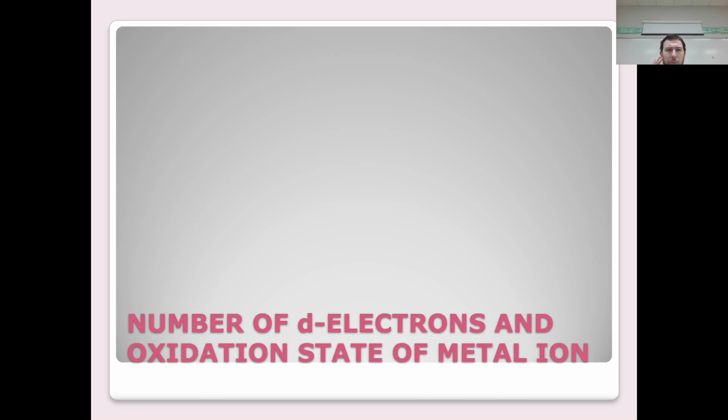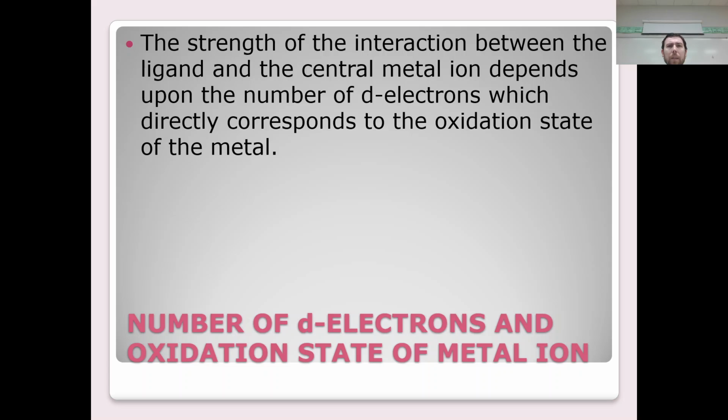And I believe our last point is looking at the number of d-electrons and the oxidation state of the metal ion and how that's going to influence our splitting and the energy of light that can be absorbed and therefore transmitted. Right, so the strength of the interaction between our ligand and the central metal ion depends upon the number of d-electrons, which will then directly correspond to the oxidation state of the metal, right?